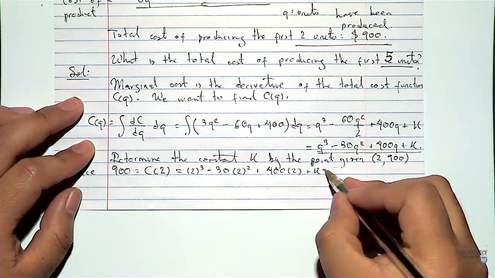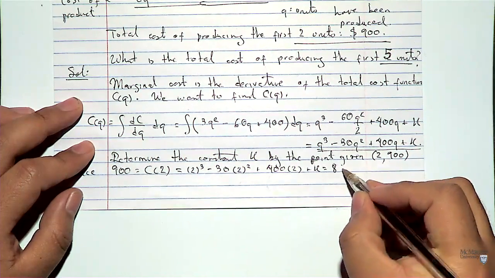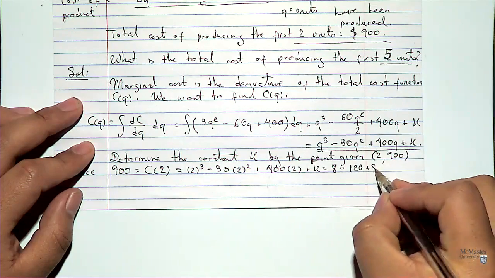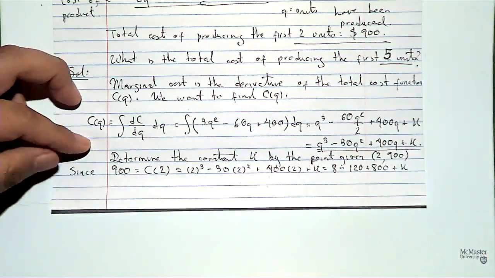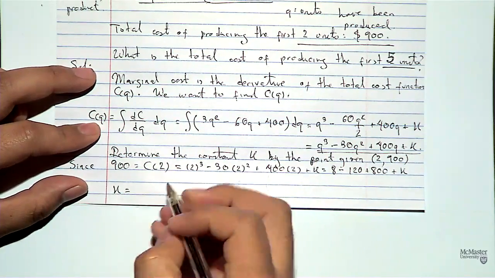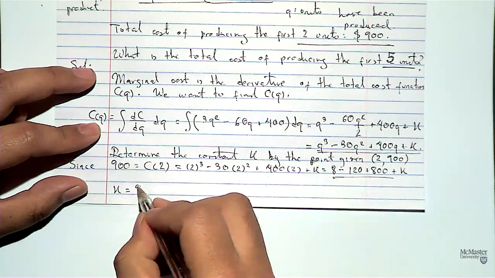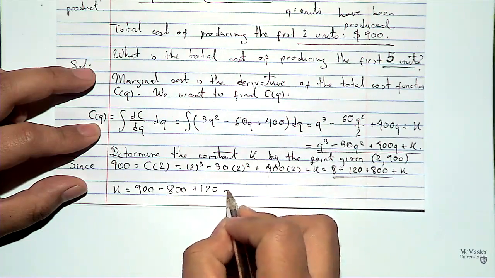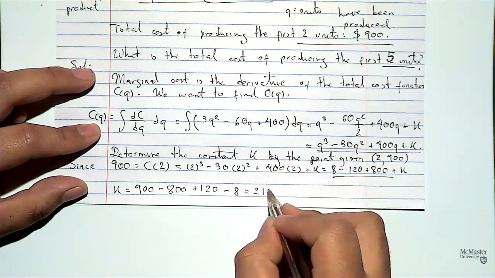So let me substitute. I have 8 minus 30 times 4, 120. Then I have plus 800. And then I have k. So that means that I can simplify a little bit. And then if I pass the numbers to the other side, I have k equal to 900 minus 800 plus 120 minus 8. If you do the actual computation, you get 212.